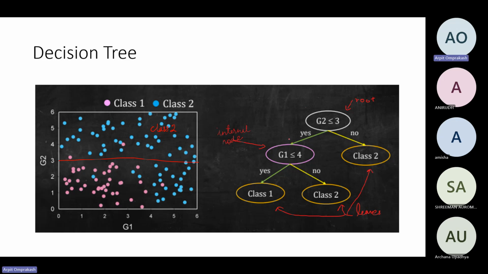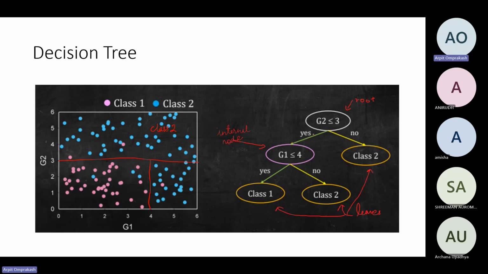Then when we move to this side, we move to this internal node, which asks another question: G1 is less than or equal to 4. So we draw another line here. Notice that now we are just working with this half of the data. Each time we split the data into two parts, and then in each half we focus on one part. They are not exactly equal halves.